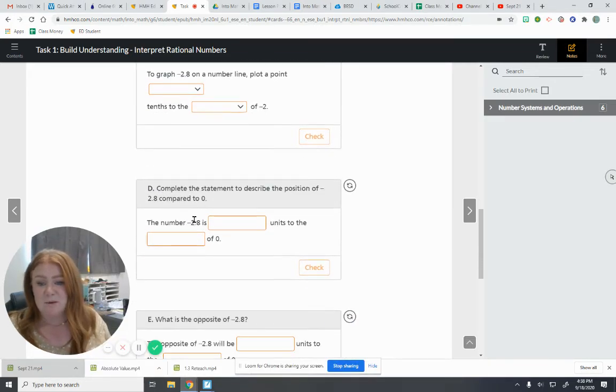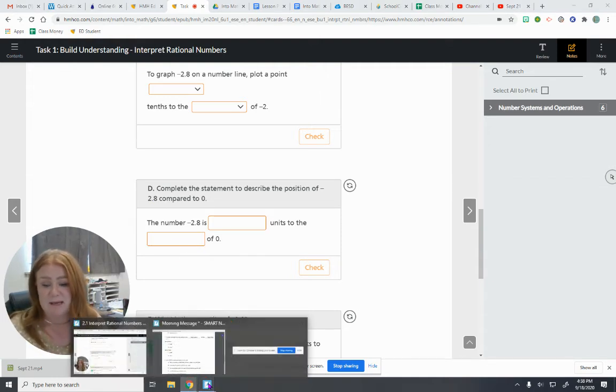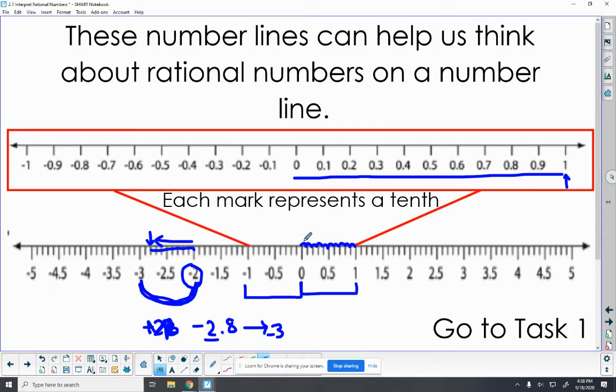So next we're going to complete the statement to describe the position of negative 2.8 compared to 0. So let's come back and look at our 0 here. So here's 0. I know negative 2.8 is still to the left because it's negative. And I have to go 2.8, so 2 whole units and 8 tenths more.